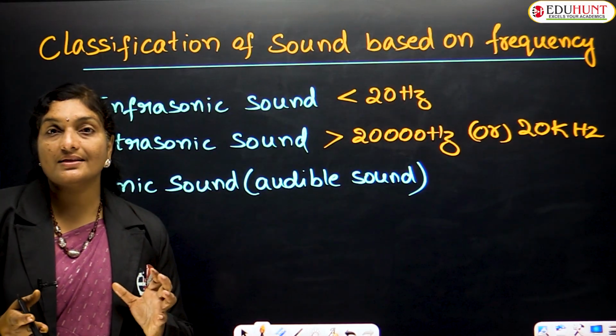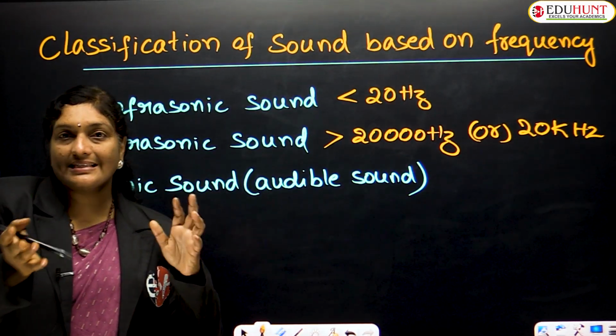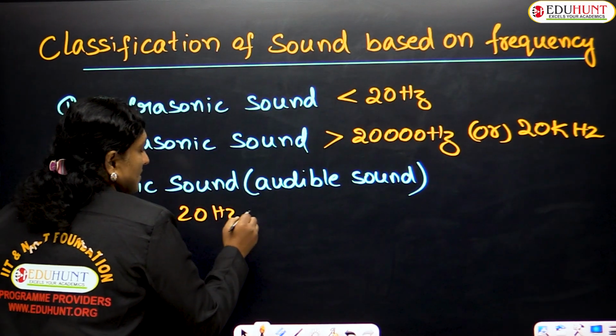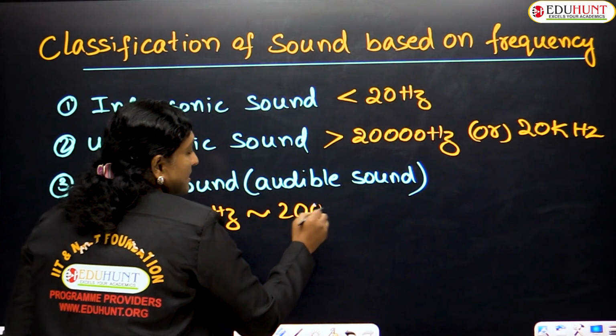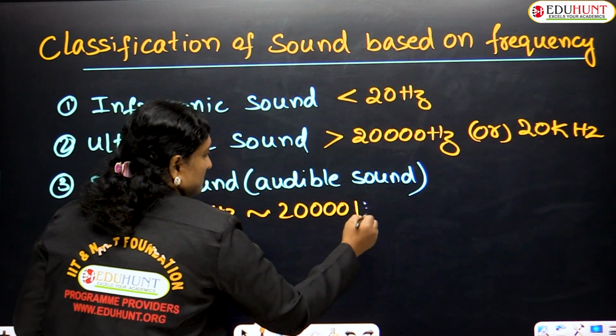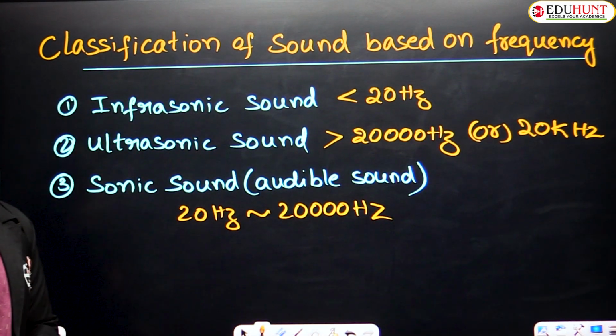If the frequency of a vibrating body is less than 20 hertz, it comes under infrasonic waves. If it is more than 20,000 hertz, it is categorized under ultrasonic sound. And if it is between 20 hertz and 20,000 hertz, it comes under sonic sound or audible sound.